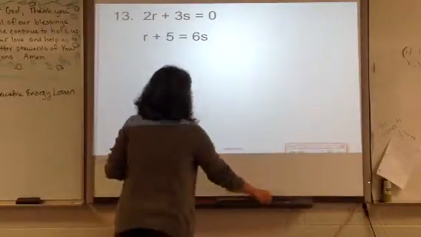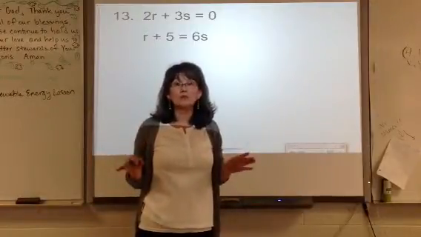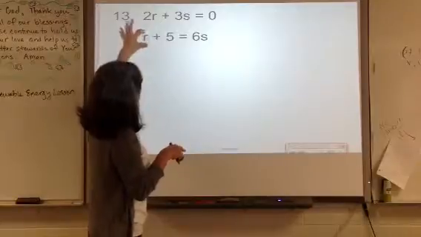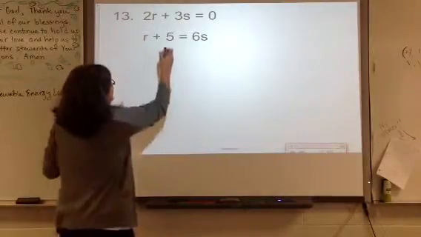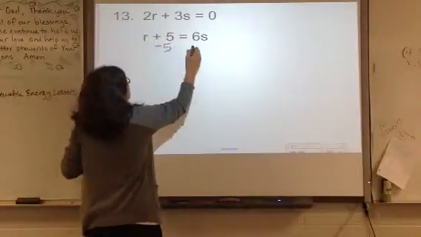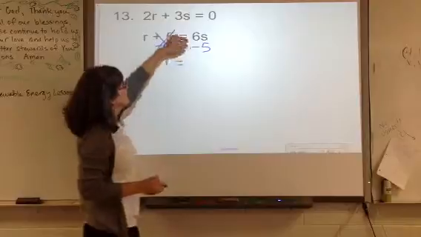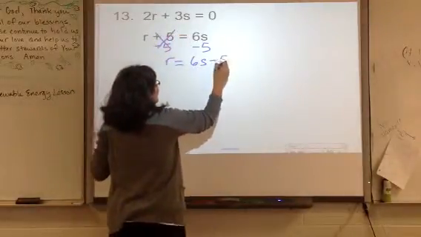Okay, there's just one more to do. Now, this is the hardest kind when you don't have a letter all alone. But it won't be hard to get the R alone. He's the easiest one to get alone. So let's get him alone, and we're going to move the 5 so that R equals, you know what, those aren't like terms. We can't add them, but we can just write 6s minus 5.